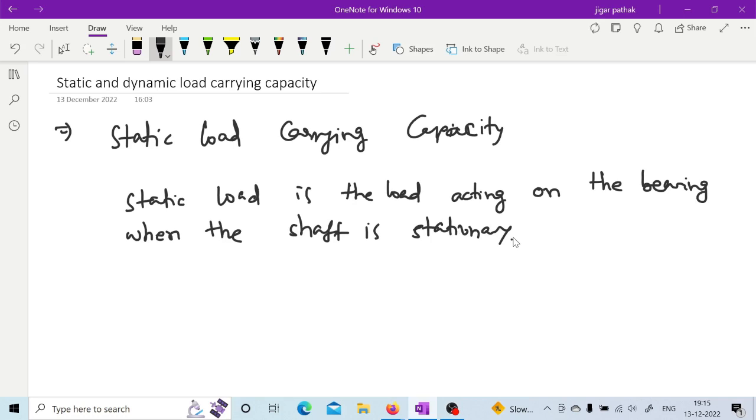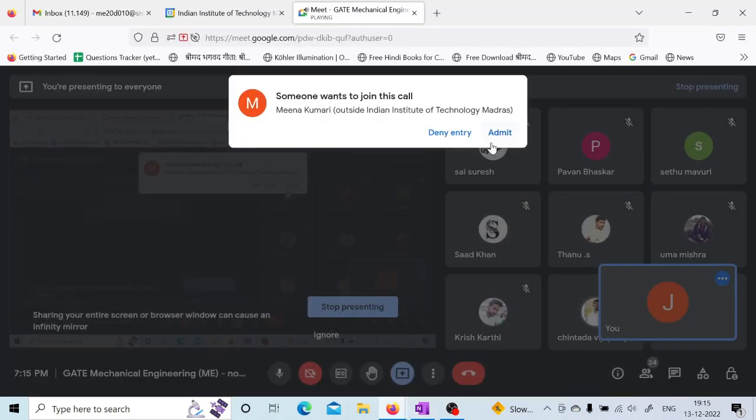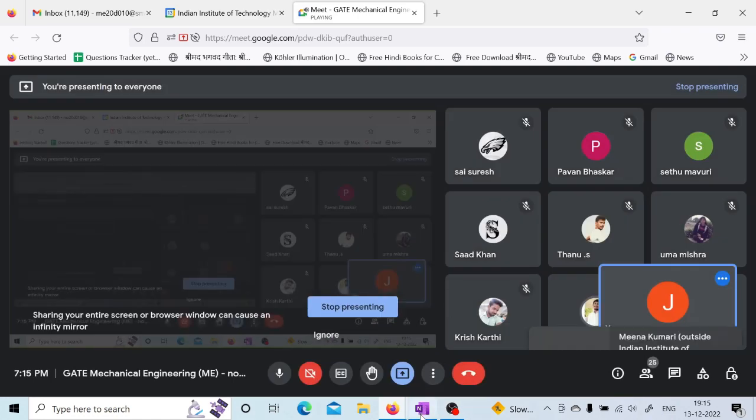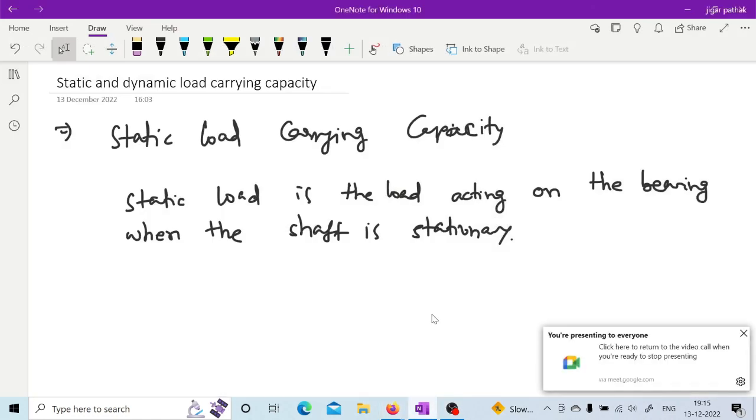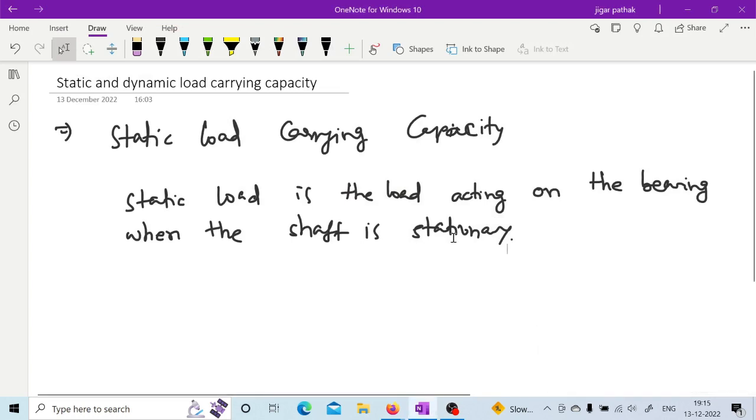Here, whenever we are talking about this static load, because of it there may be some deflection, or total permanent deformation of the ball, the cage or the inner race can happen, right?